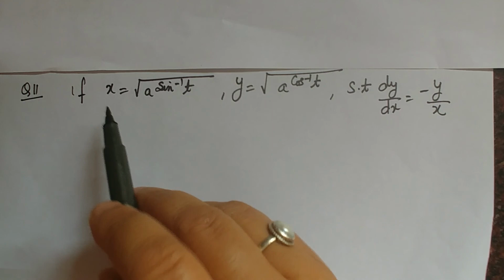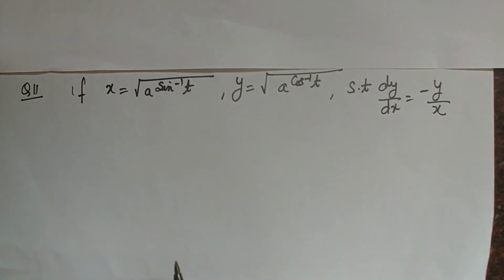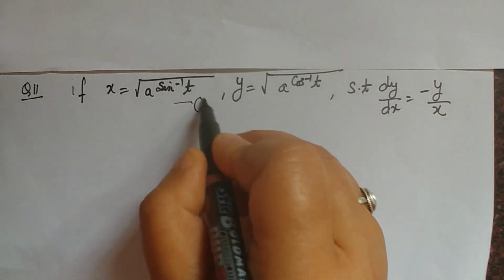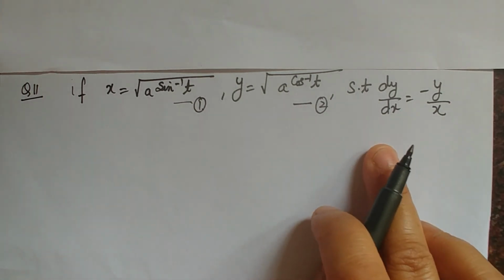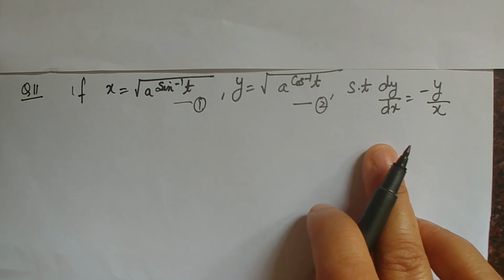But let me make it clear, this question can be asked for 1 mark also. Using properties of inverse trigonometric functions, this question becomes very simple. Let us see how we can find dy by dx equal to minus y upon x.